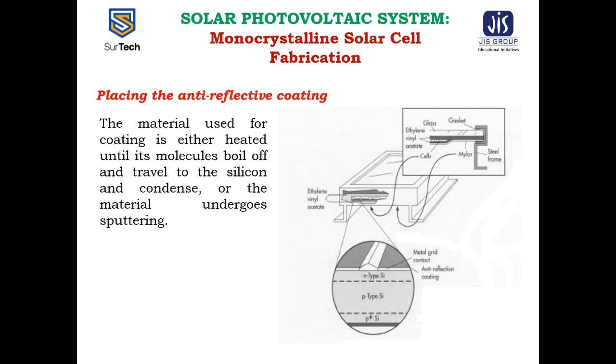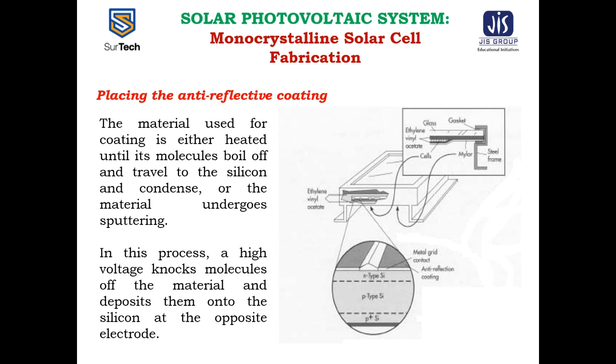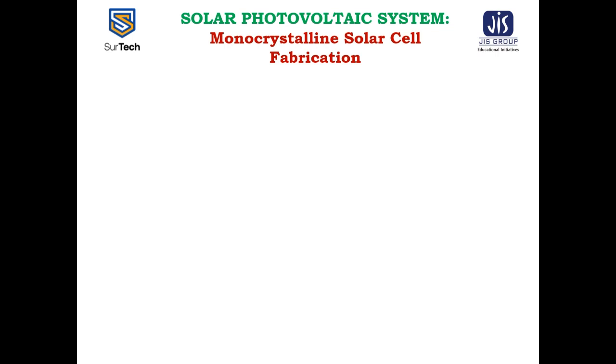The material used for coating is either heated until its molecules boil up and travel to the silicon and condense, or the material undergoes sputtering. In this process, a high voltage knocks molecules off the material and deposits them onto the silicon at the opposite electrode.